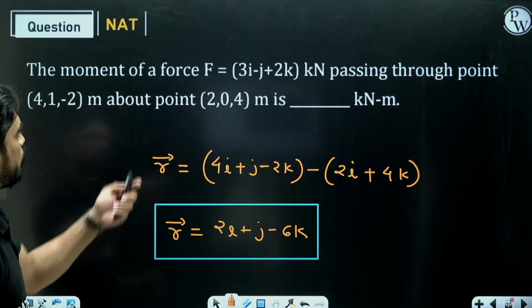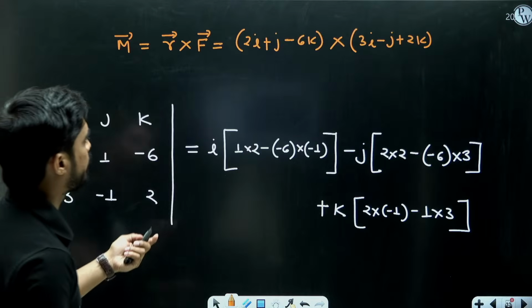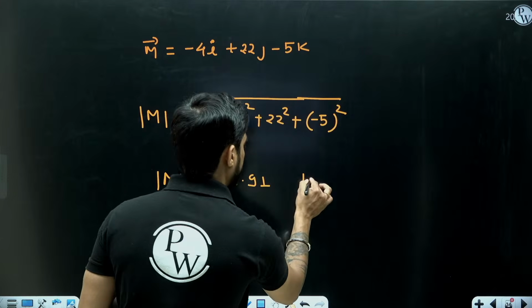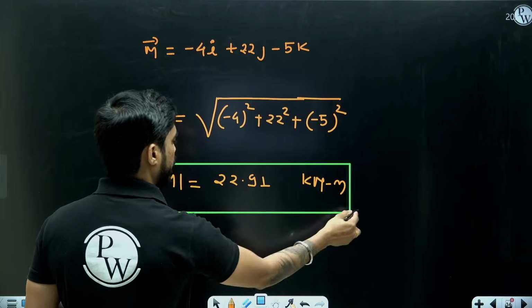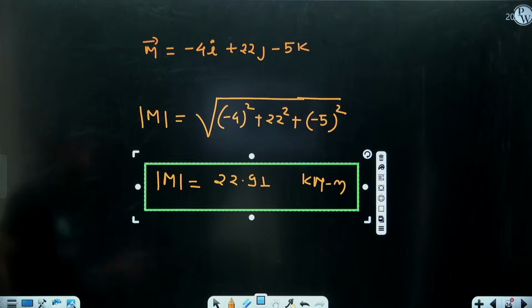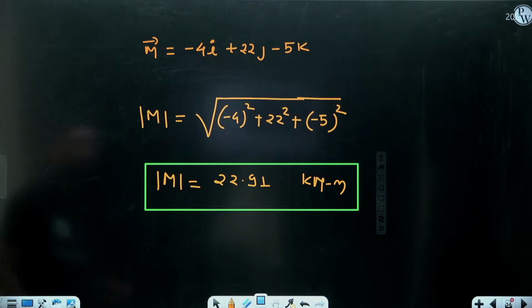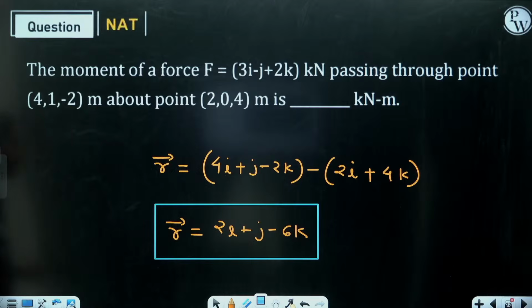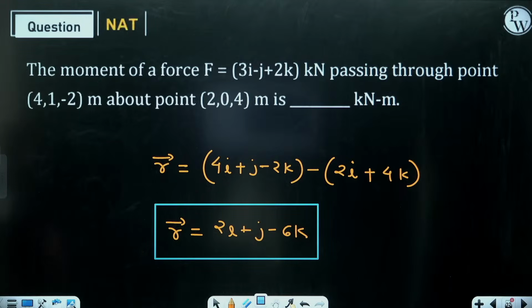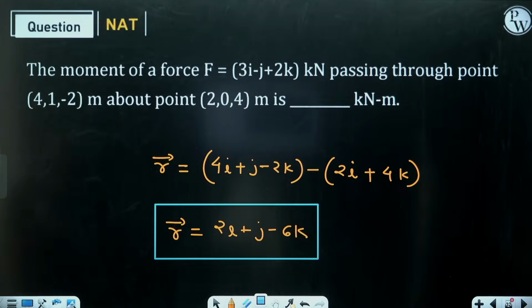The force vector was in kilonewton and the distance was in meter, so it will be in kilonewton meter. So we are getting 22.91 kilonewton meter.